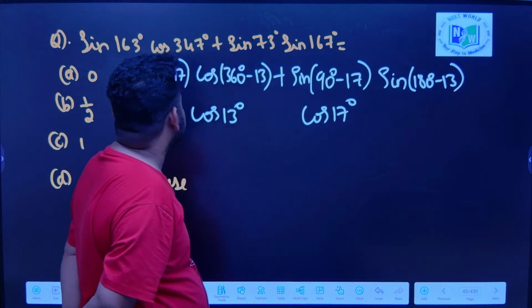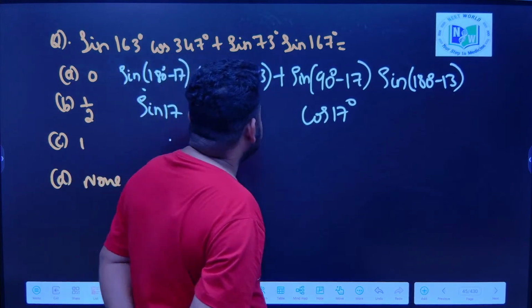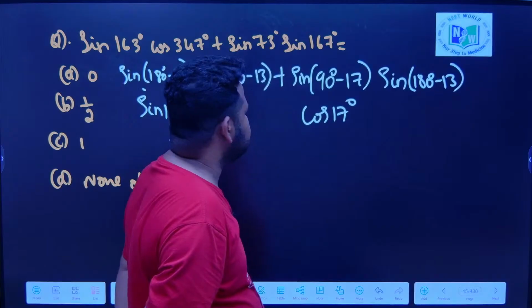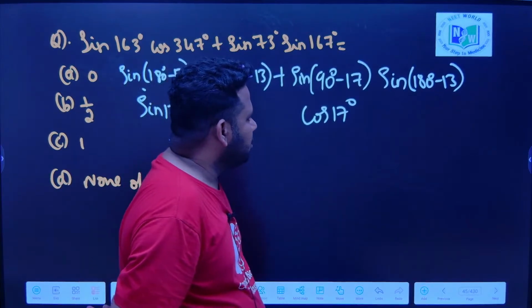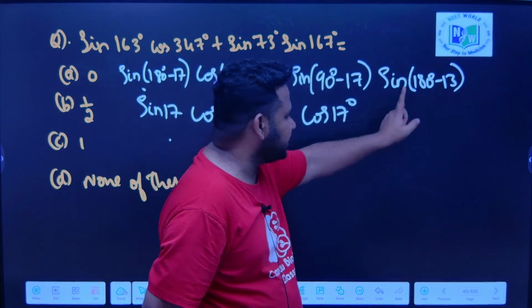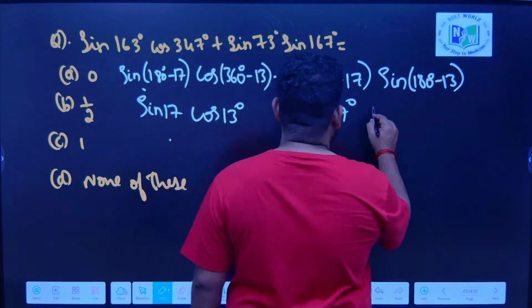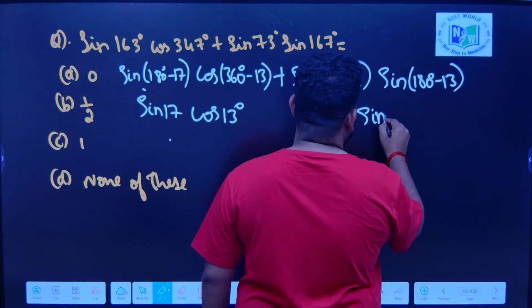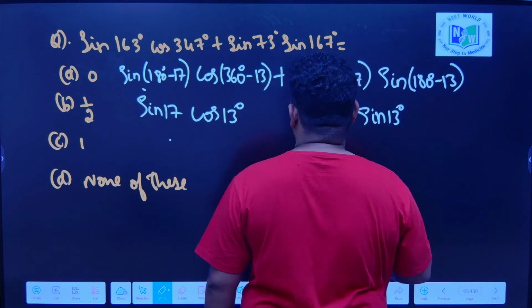It is in the second quadrant, where sine is positive. So the even multiple gives sin 13. This is what I have.